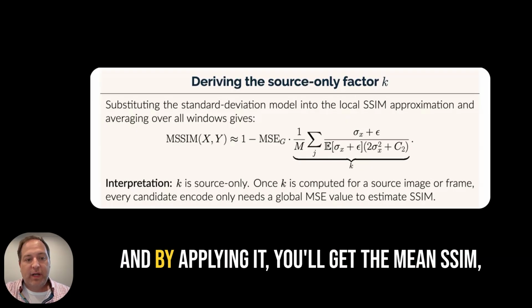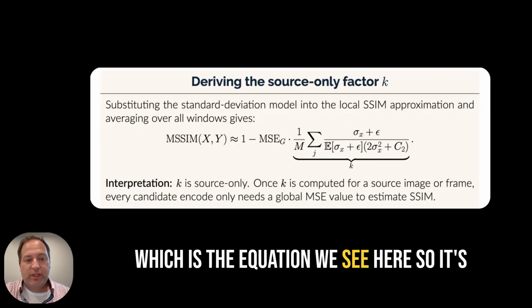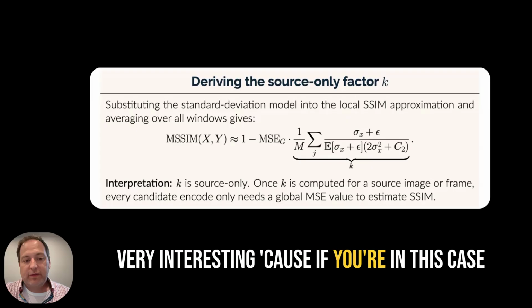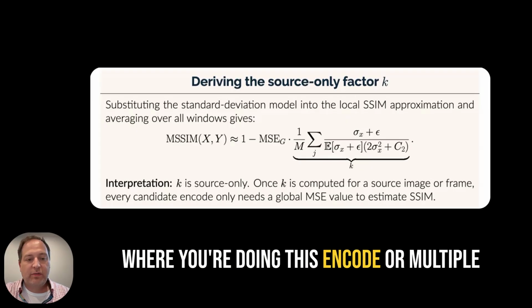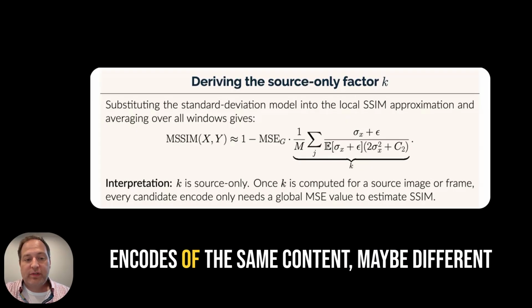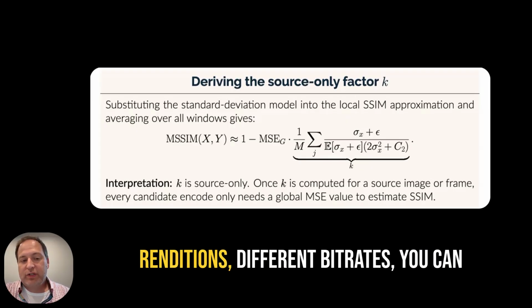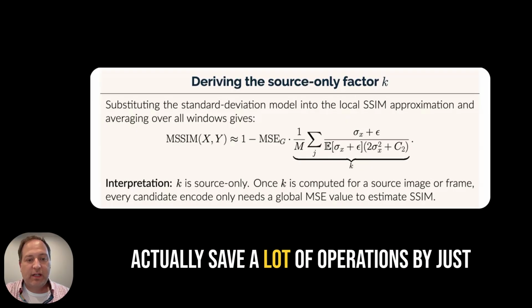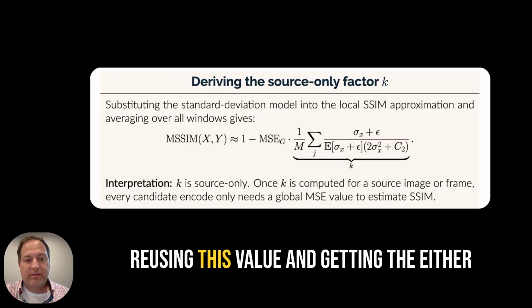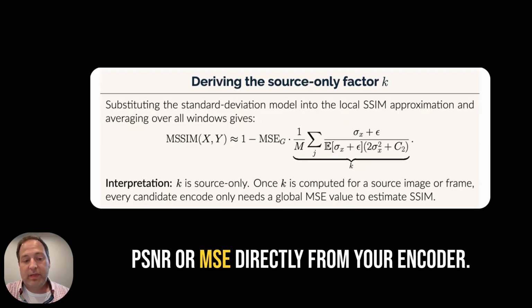And by applying it, you'll get the mean SSIM, which is the equation we see here. So it's very interesting because if you're in this case where you're doing this encode or multiple encodes of the same content, maybe different renditions, different bit rates, you can actually save a lot of operations by just reusing this value and getting either PSNR or MSE directly from your encoder.